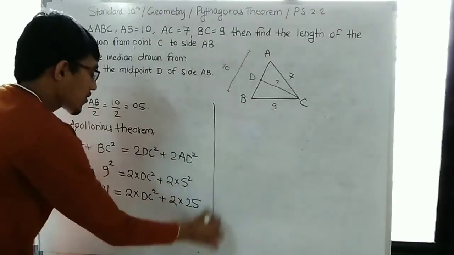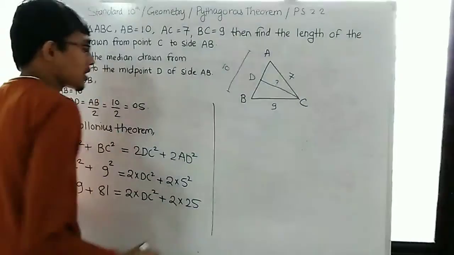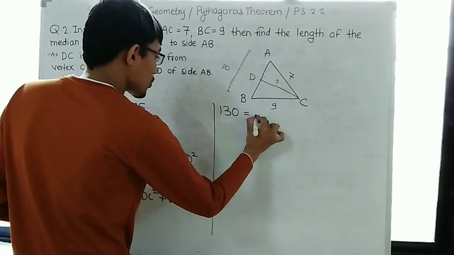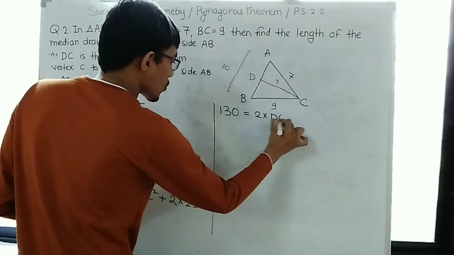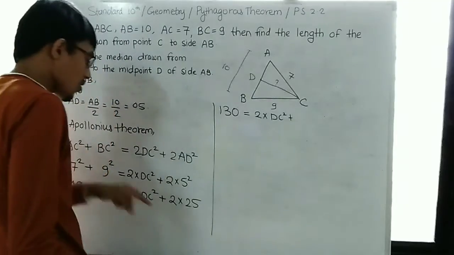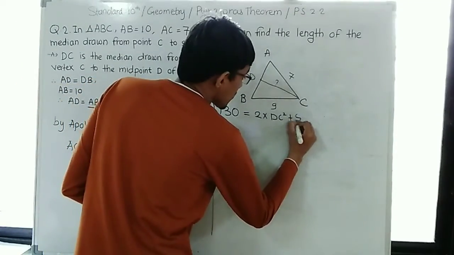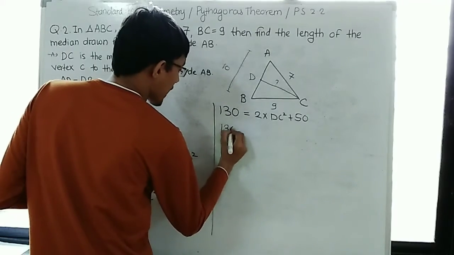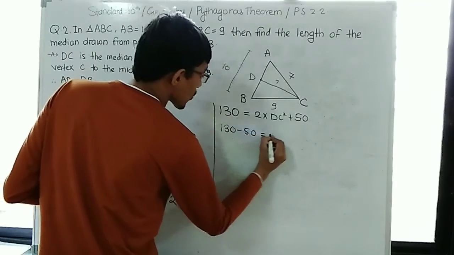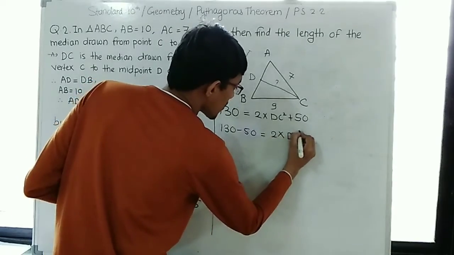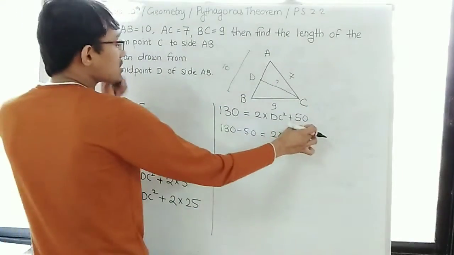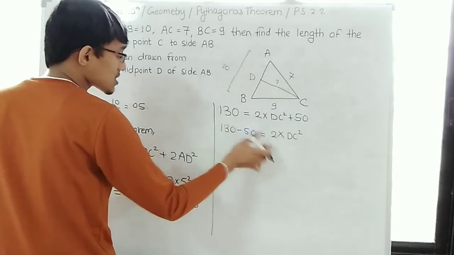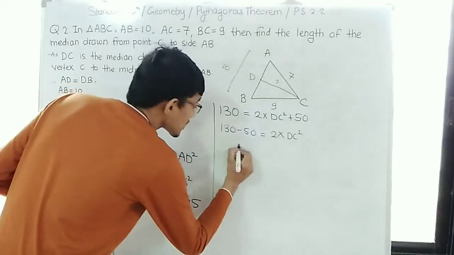So therefore we will get 49 plus 81, that is 130, is equal to 2 into DC square plus 2 into 25, that is 50. So 130 minus 50 is equal to 2 into DC square. Now this positive 50 will be shifted to LHS. Therefore 130 minus 50 is nothing but 80.